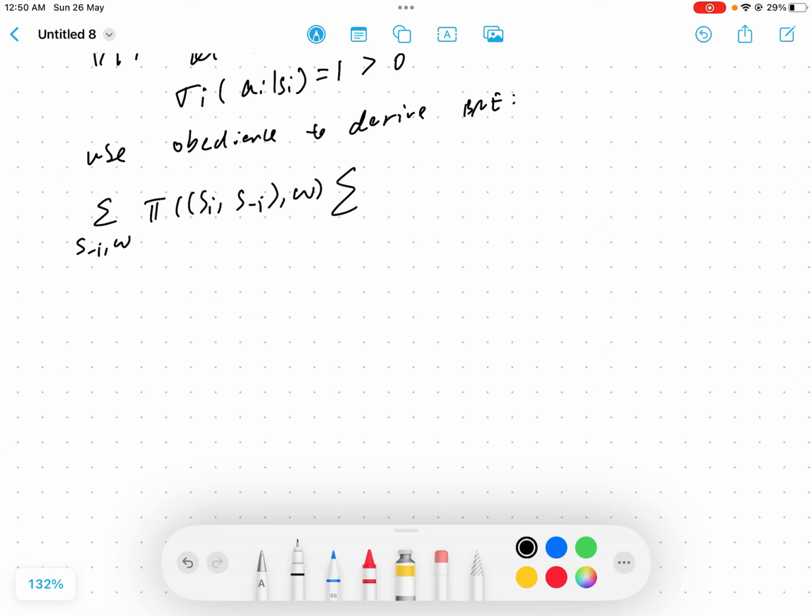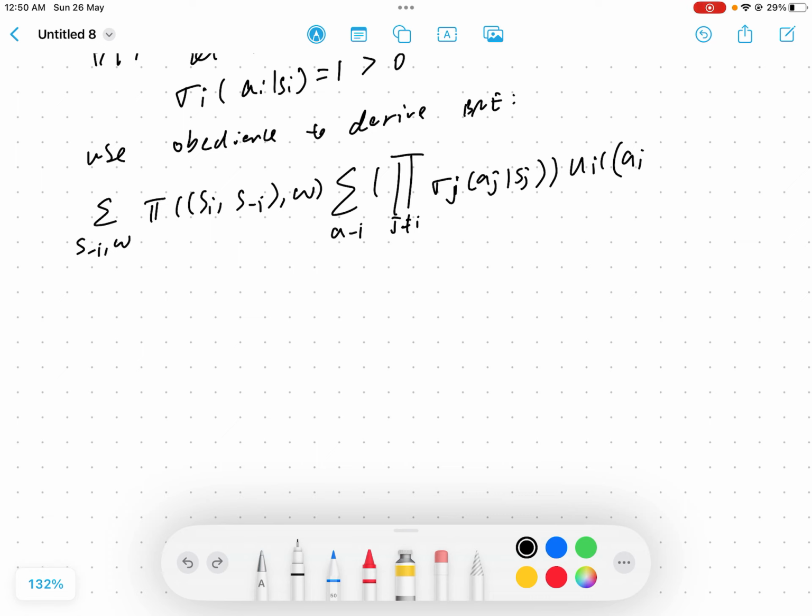Those are just the expected utilities, and this is the summation over a_{-i}, and this is the product over j of sigma_j(a_j | s_j), u_i.